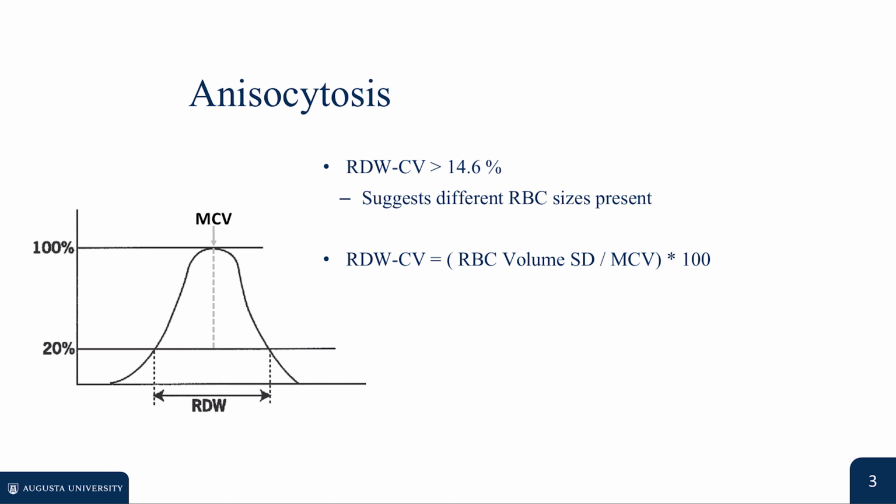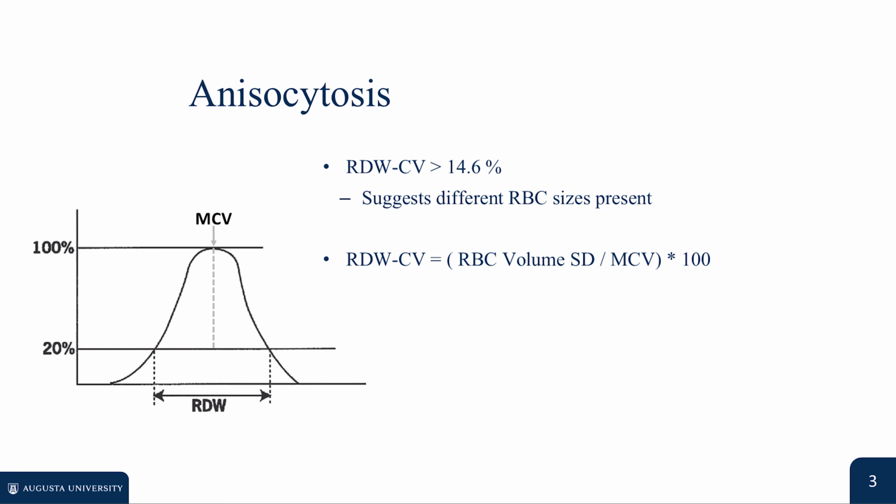An RDW greater than 14.6% signals significant anisocytosis, indicating a mixed population of small, normal, or large cells. It is mathematically calculated as the standard deviation of RBC volume divided by the MCV multiplied by 100.